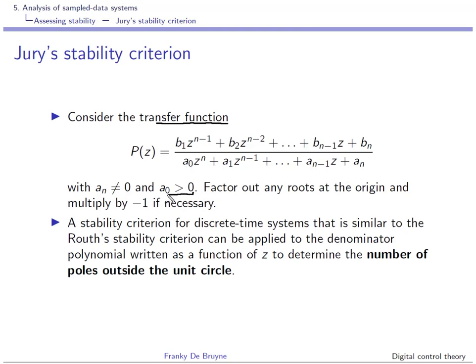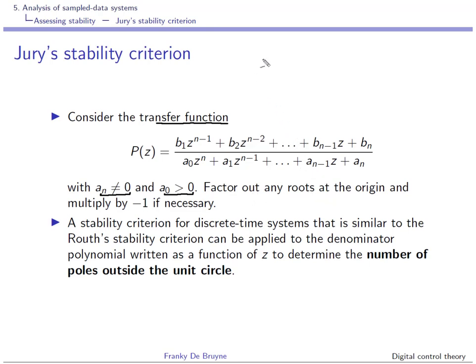We assume that a0 here is positive. If it's not, well, you multiply numerator and denominator by -1. We assume also that this last coefficient here is different from 0. If not, well, you can factor out the roots at the origin.